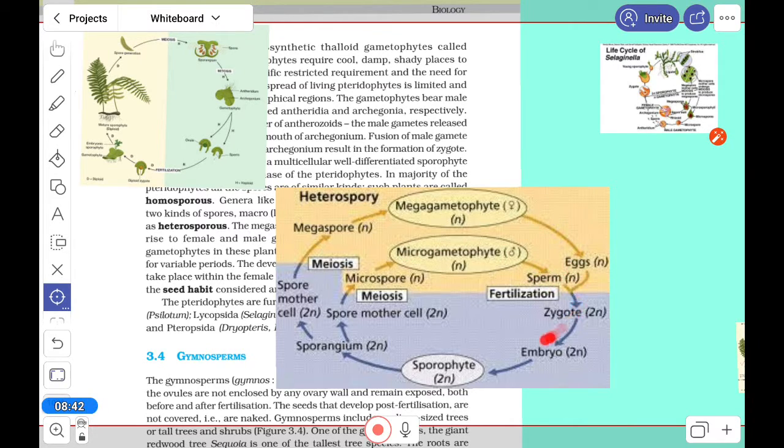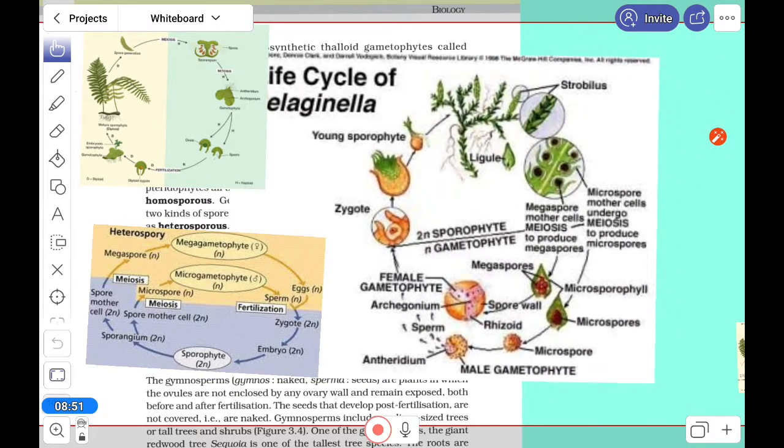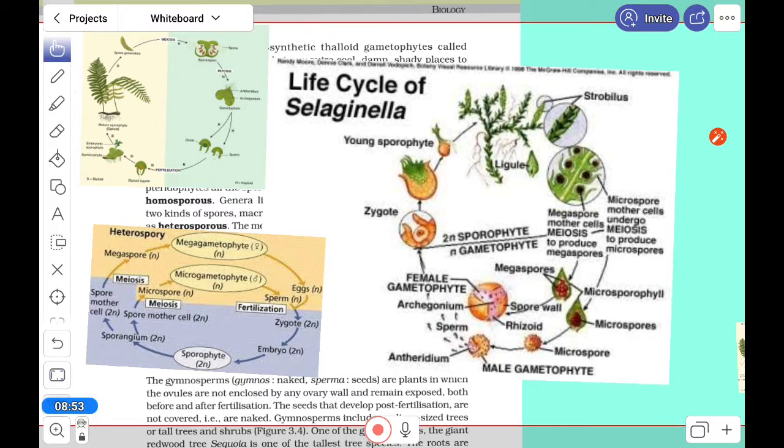Both can combine, and after that the sporophyte develops. Selaginella is given as an example in your book, so we can see that this is also heterosporous. You can see that the microspore mother cell undergoes meiosis, and two different spores are produced, so it is heterosporous. I think you got that one.